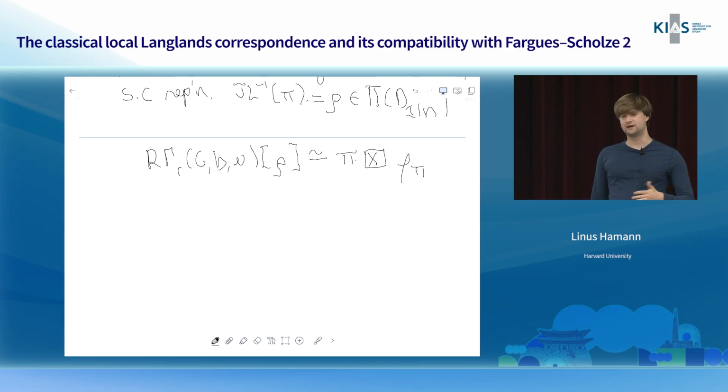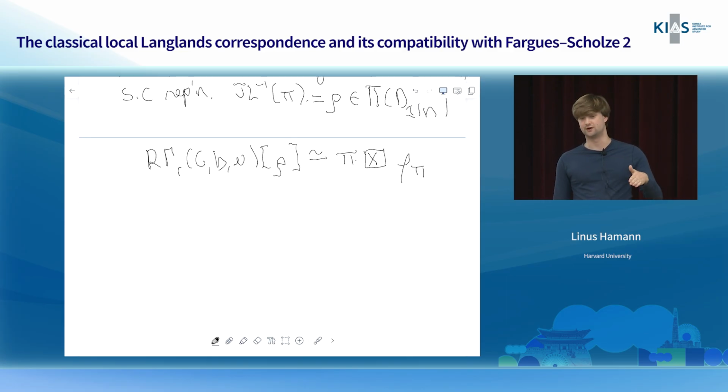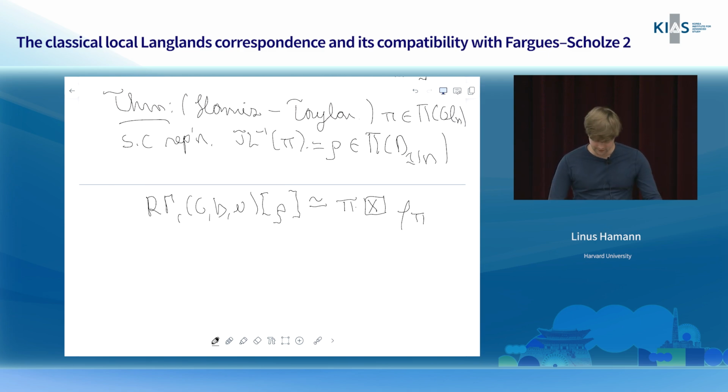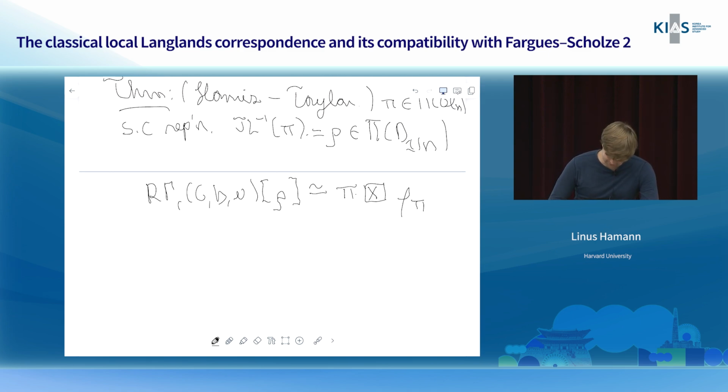I should emphasize that because this representation is supercuspidal, this SL2 doesn't appear. There's no funny SL2 factor appearing here.